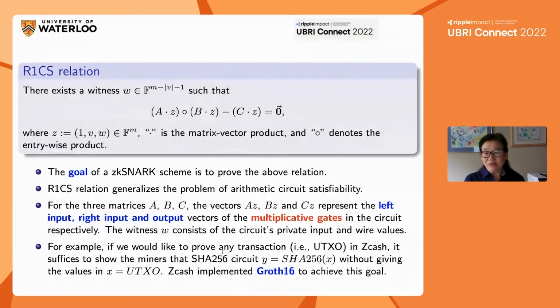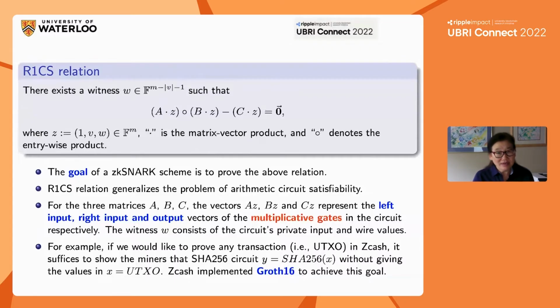So for example, if we would like to prove a transaction, for example the UTXO model in Zcash, then we only need to prove to the miners that this SHA-256 circuit has this relationship without revealing the value in X. Okay, because X consists of those transaction values, right? And Zcash implemented Groth16 to achieve this goal, to prove this.